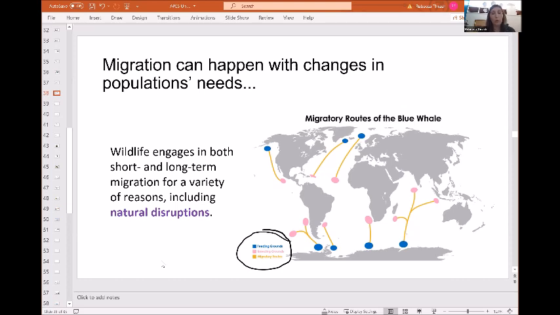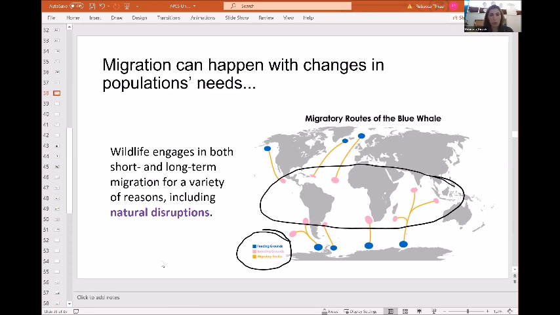So they will move where they are able to either have less competition for food or where there's a little bit more productivity. And then they'll move towards a warmer area here where it's a little bit more conducive for having young. So wildlife often engages in either short or long-term migration for a variety of reasons.